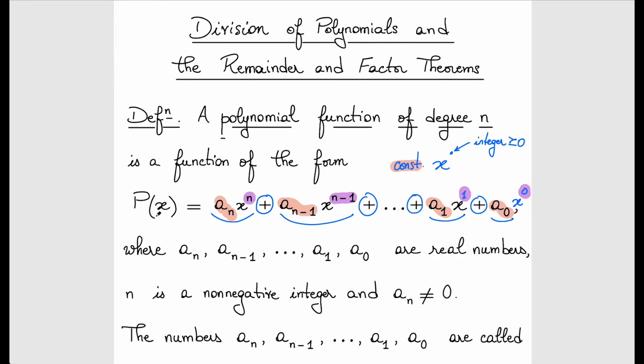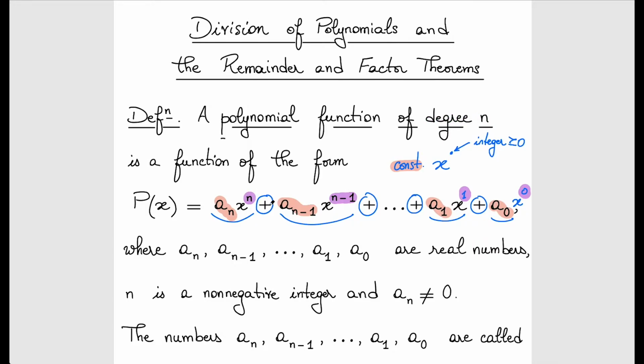It's a function that looks like a finite sum of terms, each of which looks like a constant times x to a power, where this power is a non-negative integer. For example, in this case it's 0, and this one is 1, and so on, until you get to some number. The highest exponent, the highest integer that sits on the exponent, is called the degree of the polynomial. In this case, n is supposed to be the largest one.